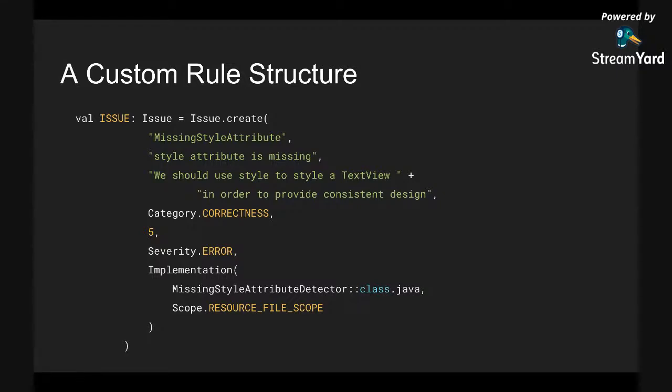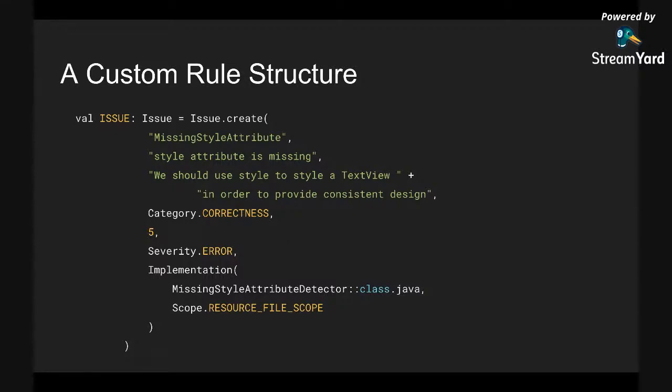The second is a short description of your lint. It's the first thing that shows up in your IDE. The third would be a longer description in which you can add more details as to why this is an error. You could add links to your style guide and such things. If you come to the fourth parameter, here come the categories we have mentioned.